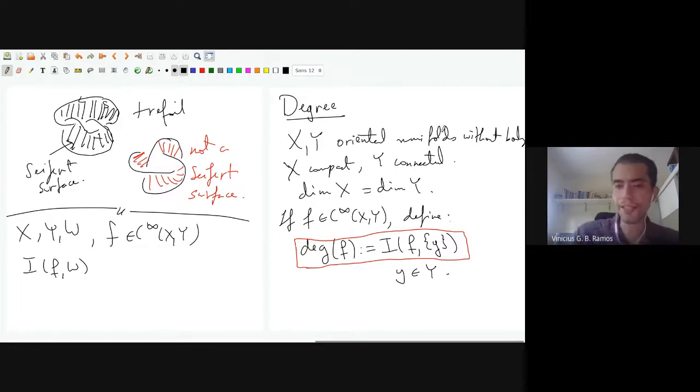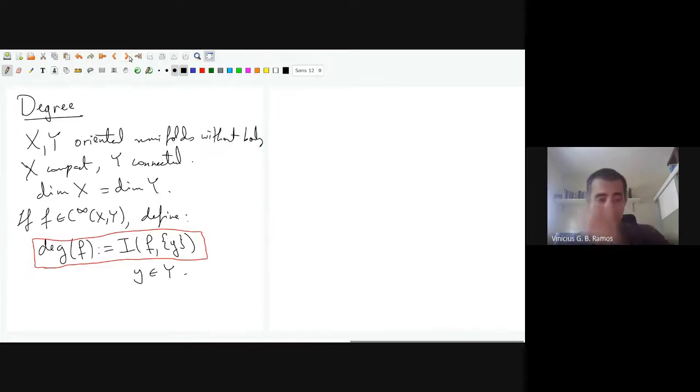So for the degree to be well defined, we need the two manifolds to be oriented with no boundary, and for X to be compact and for Y to be connected. Okay, and the most important thing is they have to have the same dimension. So we have to see that this is well defined. What do you need to show?